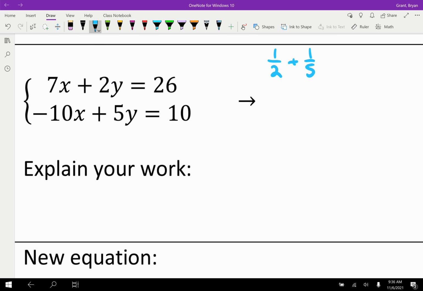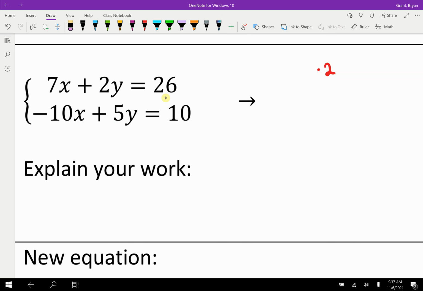It's just going to be a larger number than both of them, right? To turn 5 and 2 into the same number, we need to find what's known as a common denominator. Sometimes we call this a common multiple. The smallest one is the least common multiple. And so I think 5 and 2 both go into 10. And so you could multiply by the other one to make them the same.